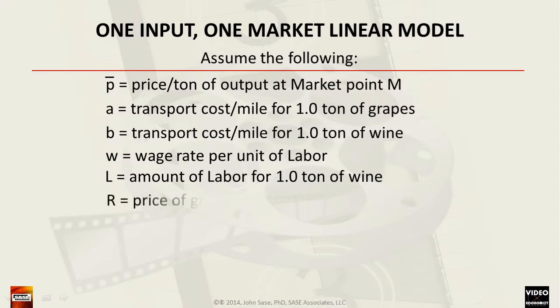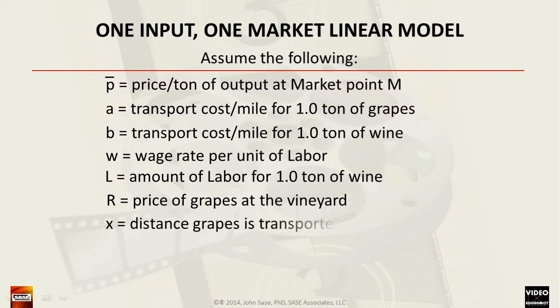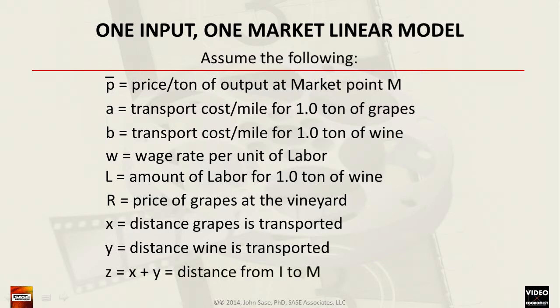Large R is the price of enough grapes to produce a ton of wine. X is the distance grapes are transported. Y is the distance that wine is transported. And Z equals X plus Y, the distance from the point I to point M.